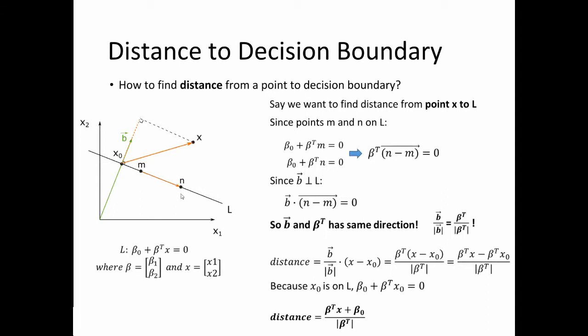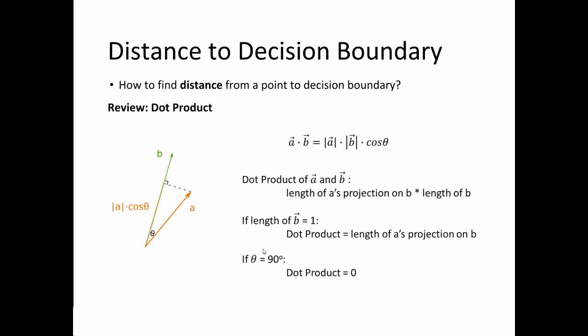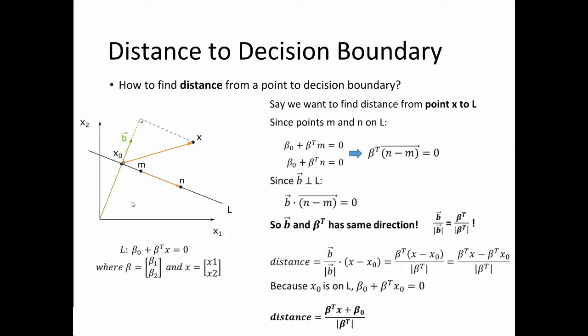Notice that when we use point N's coordinate minus point M's coordinate, we actually get a vector that is pointing from M to N. And because vector B is perpendicular to this line L, vector B should also be perpendicular to this vector from M to N. As we have seen just now from the previous slide, when two vectors are perpendicular to each other, their dot product should be equal to 0. So in this case, if we do the dot product between vector B and MN, the dot product should be equal to 0.